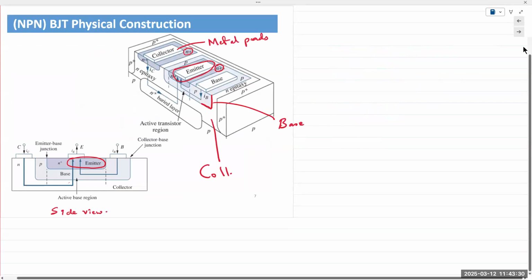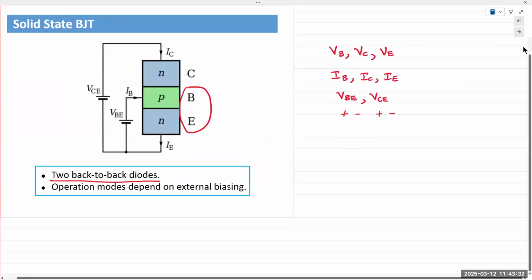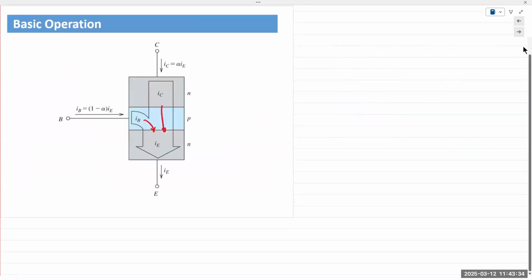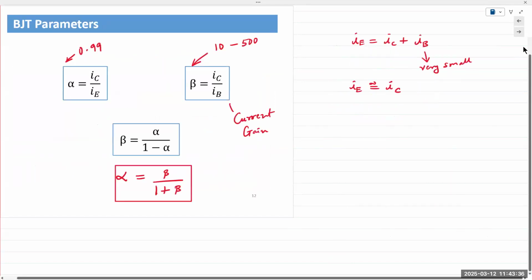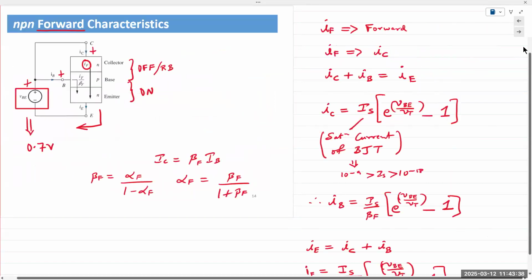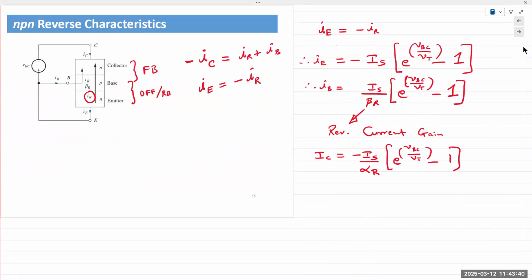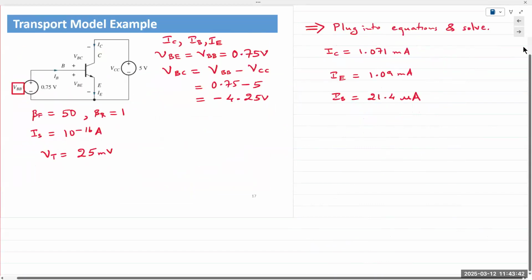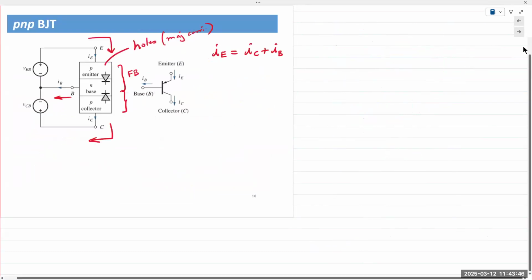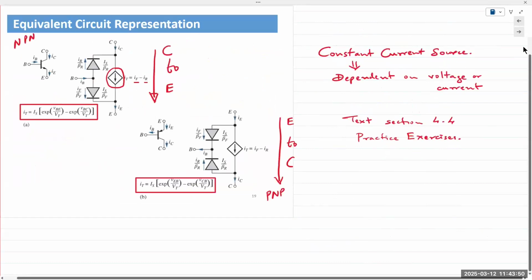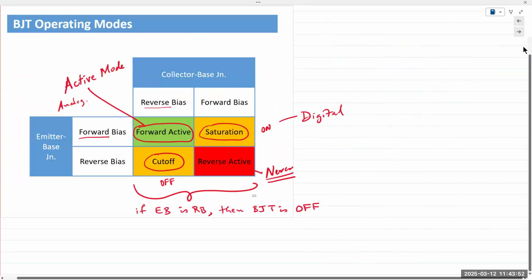All right, so BJT construction, again, fundamentals and concepts. Terminal currents, standard basic equations, forward characteristics, reverse characteristics, transport model example, trying to determine the voltages and currents in a BJT. And then operating modes, determining the operating mode.